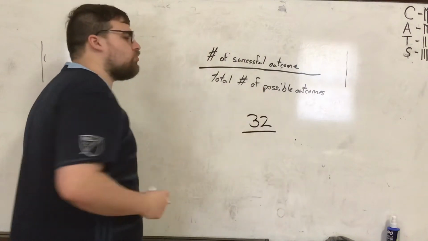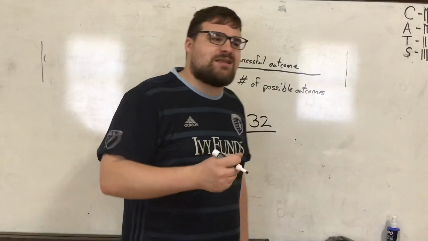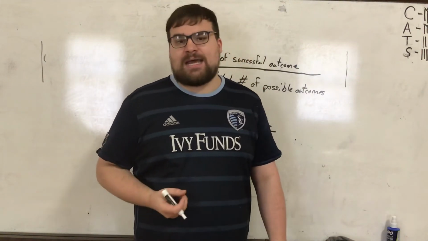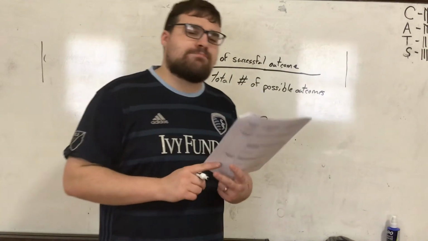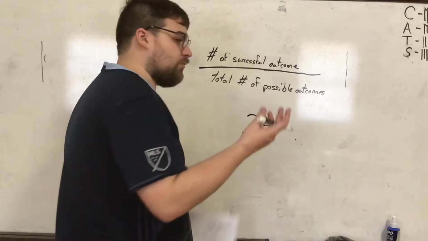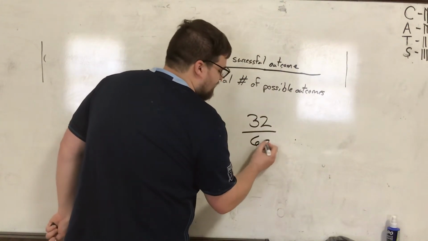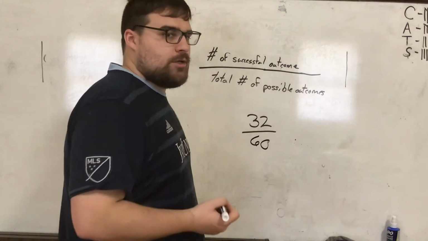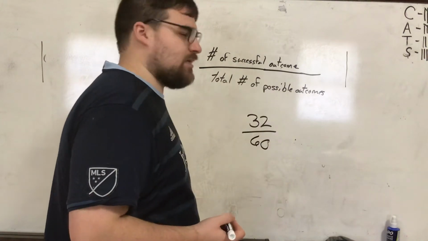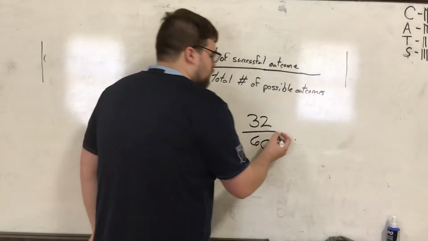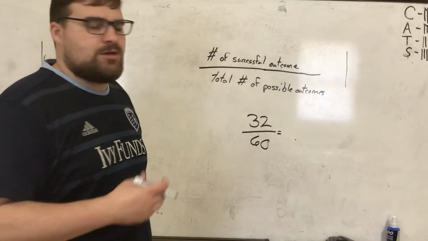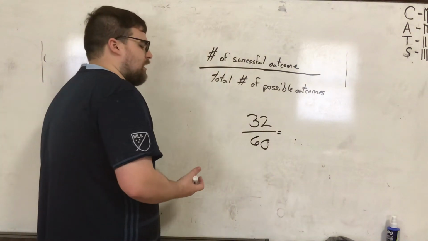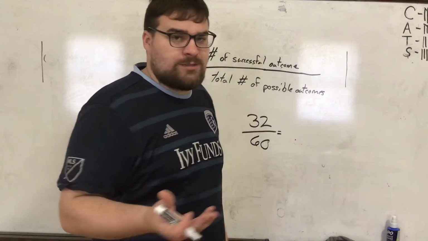But how many total outcomes are there? How many different marbles could you pull out of that bag? Well, if there's 32 red ones and 28 blue ones, then in total, if we add those together, there's 60 marbles in the bag. So 32 out of 60. That's a fraction that we can simplify. Both of those numbers have 4 in common.